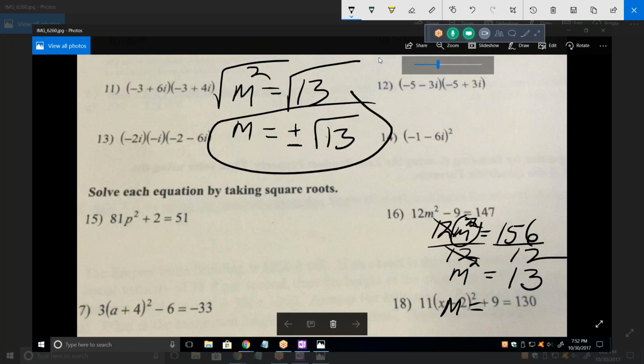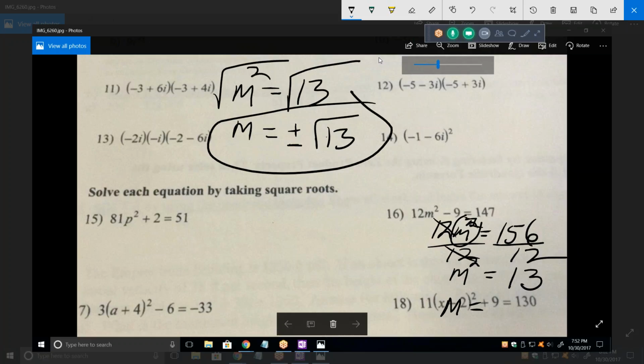If you leave off the plus or minus, you will lose points. Guaranteed. There is no teacher in the United States that will not take off points if you leave that off. Because there are two answers. There's not one answer. There is plus square root of 13 and there is minus square root of 13. If you square either of those, you get 13.